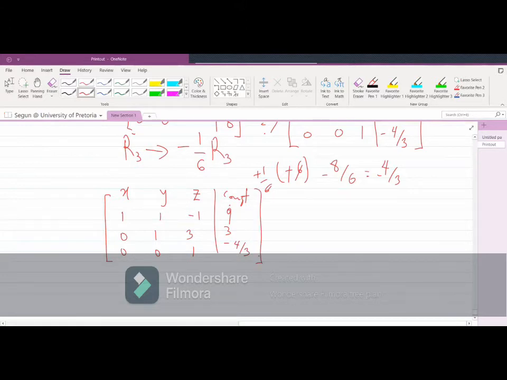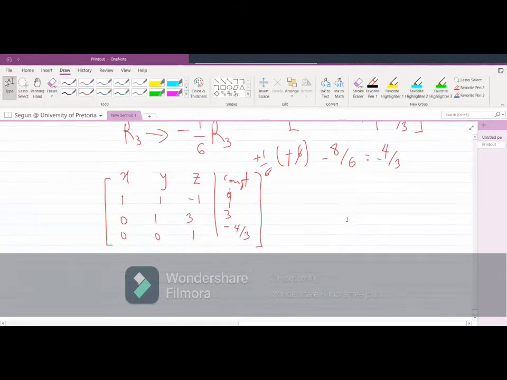So this is what we have. We want to use it. We go back to our equation. Equation 1 will be 1 multiplied by X is X, 1 multiplied by Y, plus Y, minus 1 multiplied by Z, minus Z, equals to the constant 9. Any question, please?